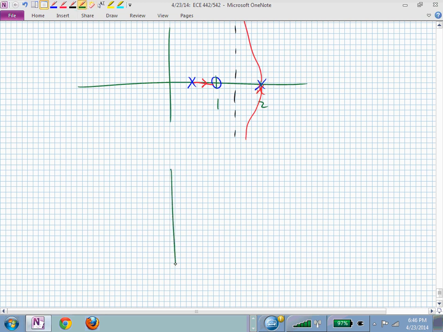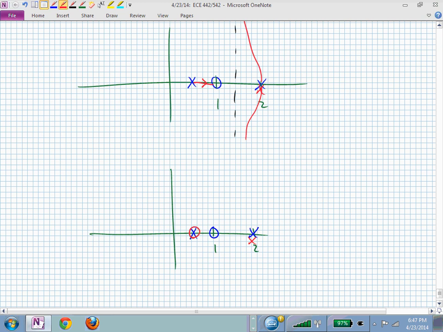So I want you to go home and convince yourself that maybe we started here. Maybe what we can do is put a pole there, and let's just cancel that. Now what's the root locus look like? What happens when I cancel a pole and 0 inside the unit circle?